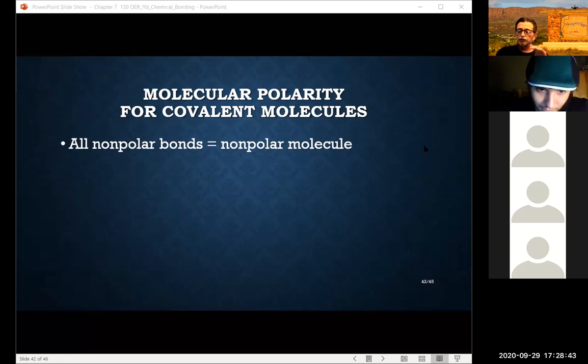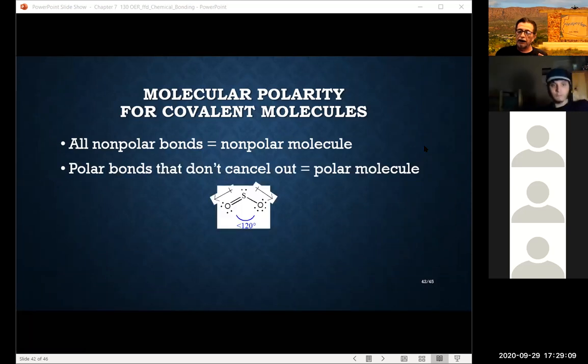Molecular polarity. Now we talked about the bond itself being polar or non-polar. Now we're taking it up to the molecule itself as a whole. Here are some general guidelines. If all of the bonds in that molecule are non-polar, then overall the molecule is non-polar. Now, if there are polar bonds in that molecule that do not cancel out, then you have a polar molecule.